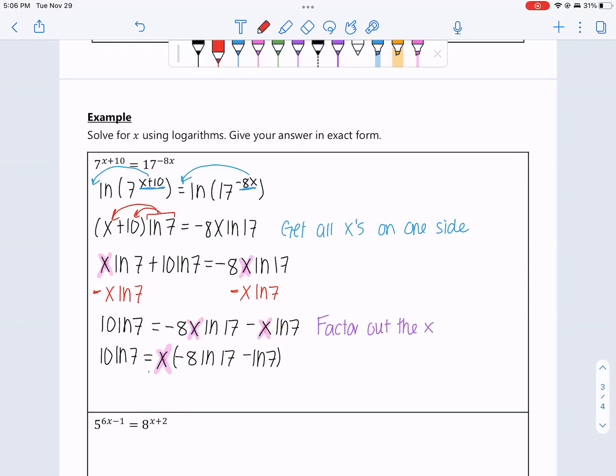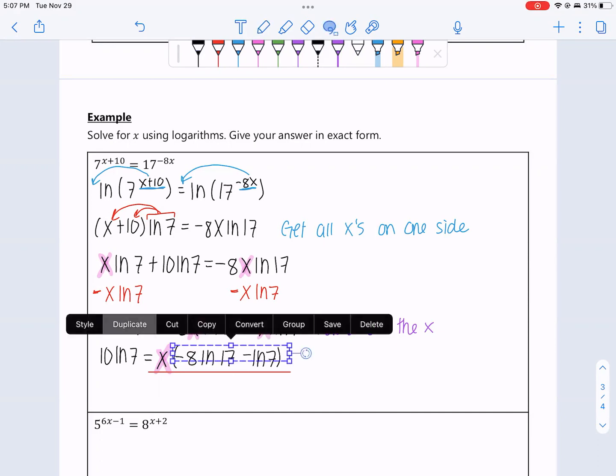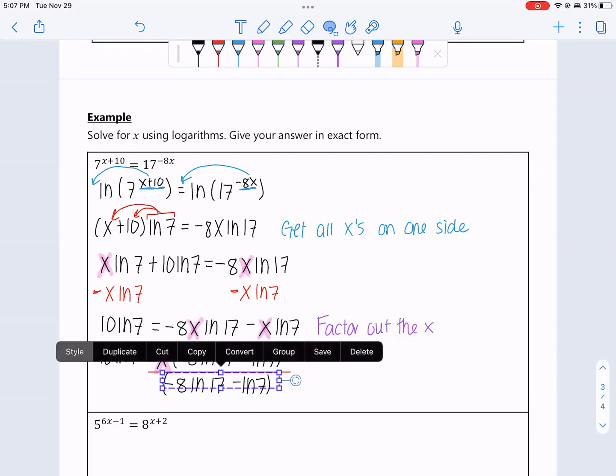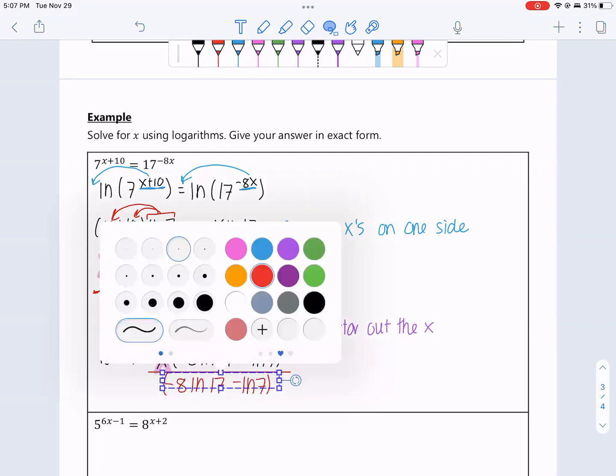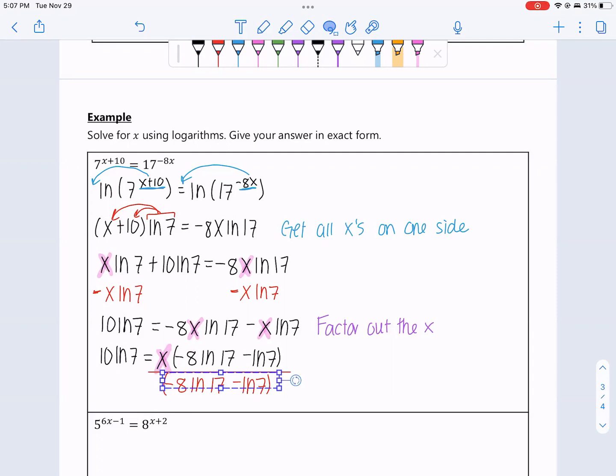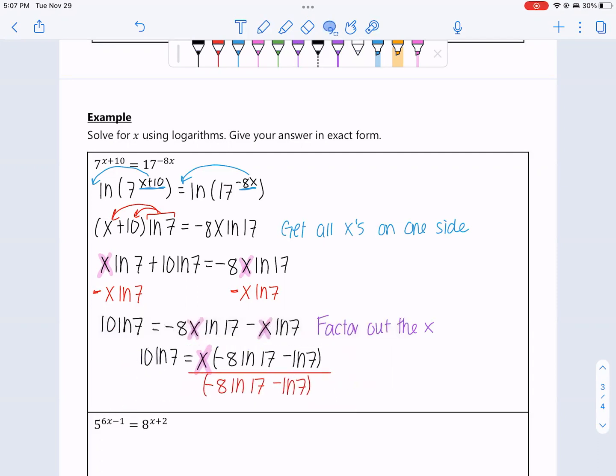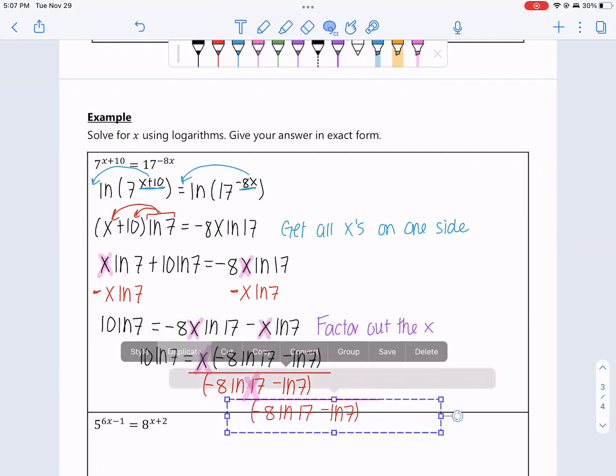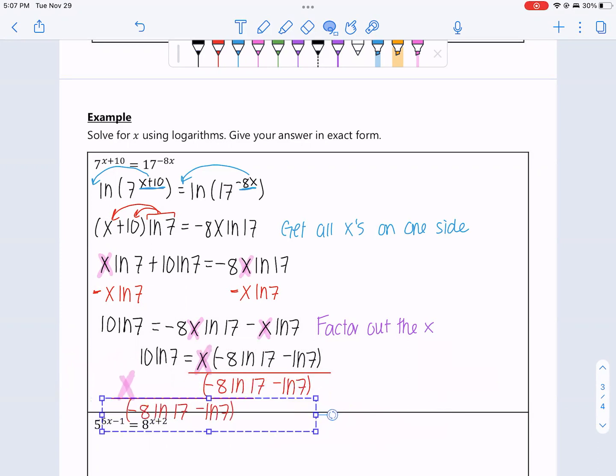To get the x completely by itself and get our final answer, we just divide by all this stuff here. We just take all this and we divide by it. Oops, not that color, this color. And I guess let me move you guys all over. Let's see, shrink. You're dividing by it on both sides.